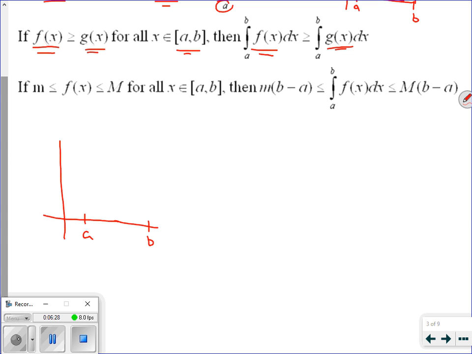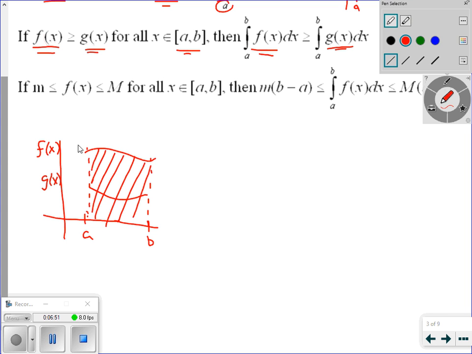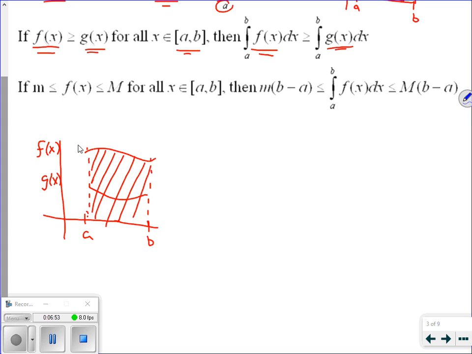This right here is our function f of x between a and b, and this is my function g of x between a and b. If I take the area underneath the curve of f of x, wouldn't that area be greater than the area underneath the curve of g of x? I think so, right? That's what that's saying. So I think that's a pretty logical statement.